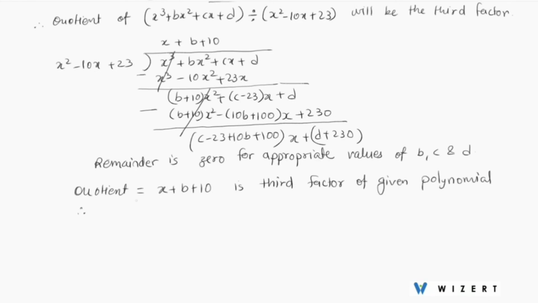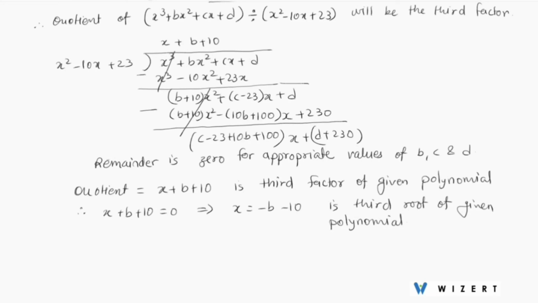Therefore, by equating this quotient to 0, we'll get the third root of the equation. Therefore, x plus b plus 10 equal to 0, which gives x equal to minus b minus 10, is third root of given polynomial. So this is the answer, x equal to minus b minus 10.